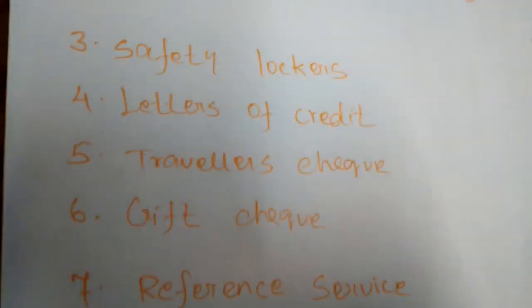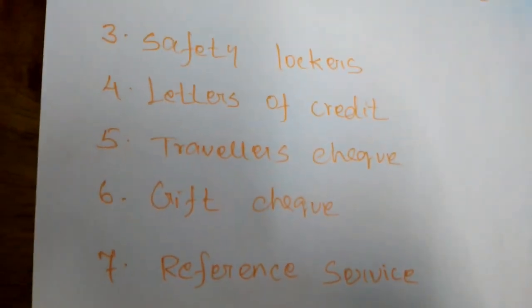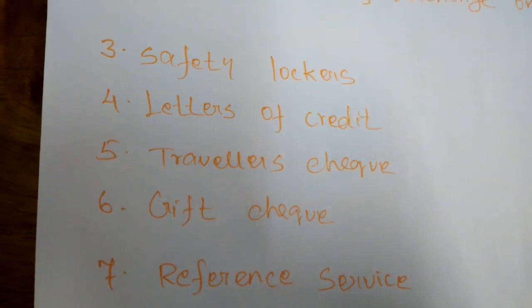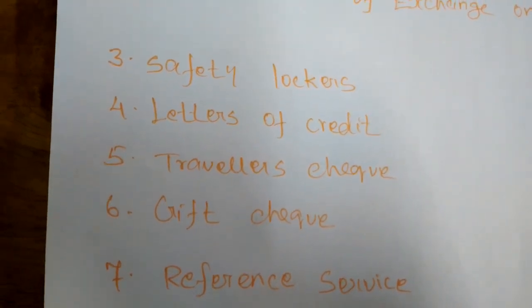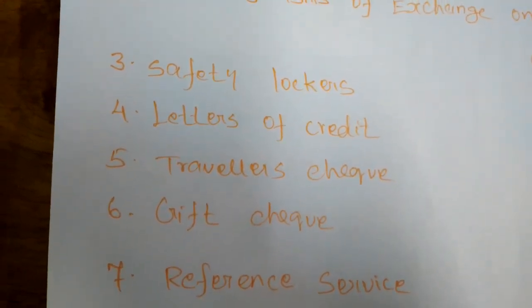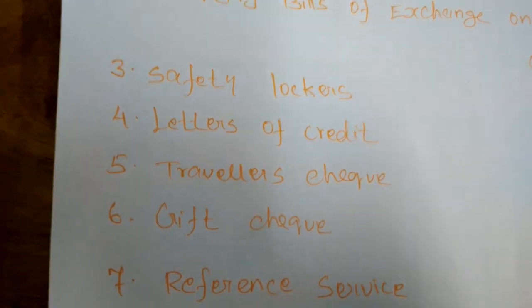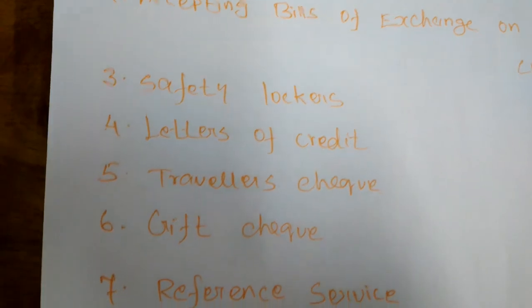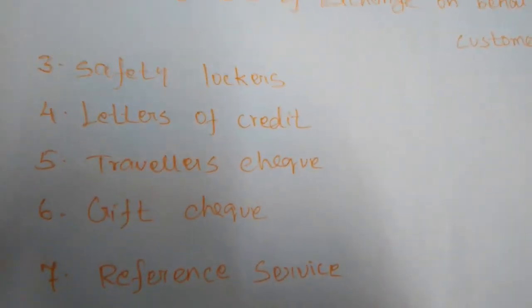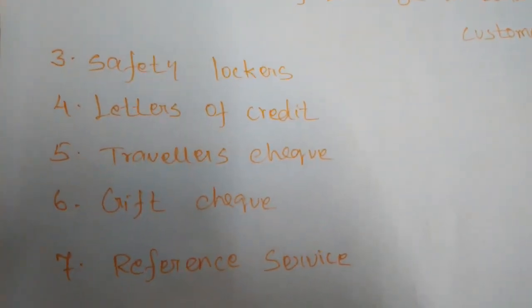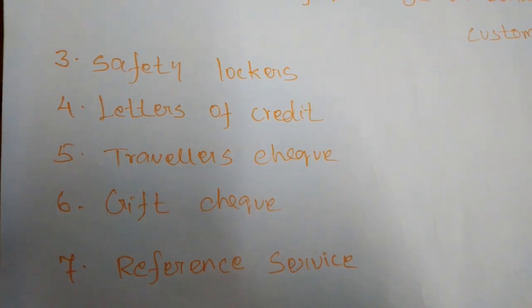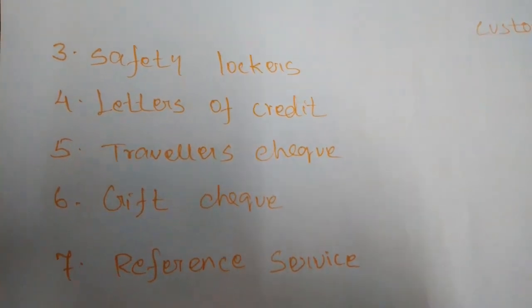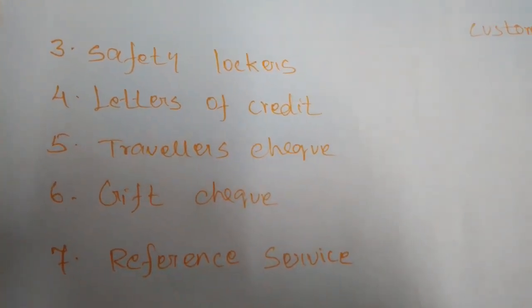Next is safety lockers. Valuable documents, jewelries, etc. can be kept safely in a vault provided by the bank for a rent. This vault room is called a strong room. Normally, many rich people have valuable documents, jewelries, and so on.